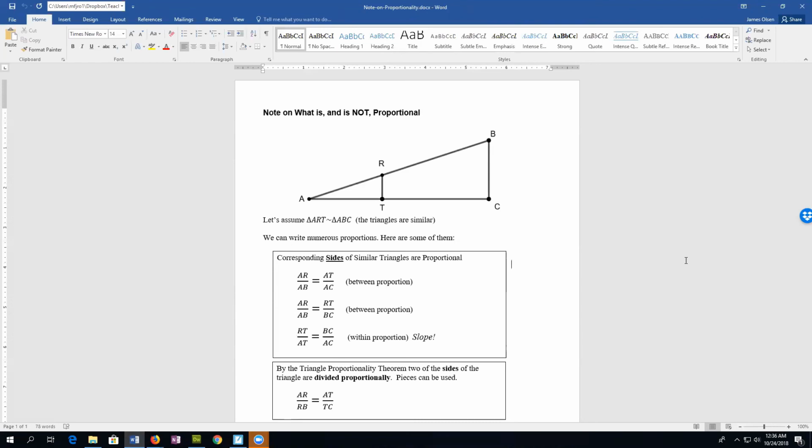AR over AB is equal to AT over AC. This is a between proportion because AR is in this small triangle and AB is in the large triangle. AT small, AC large. I'll let you read the second one on your own. The third proportion that I have here from the similar triangles is RT over AT is equal to BC over AC.